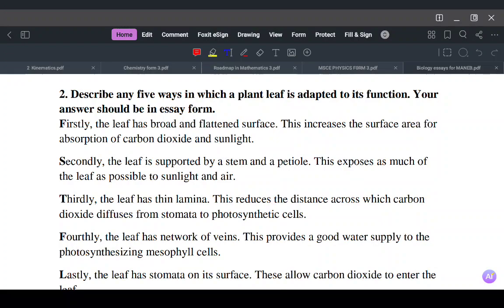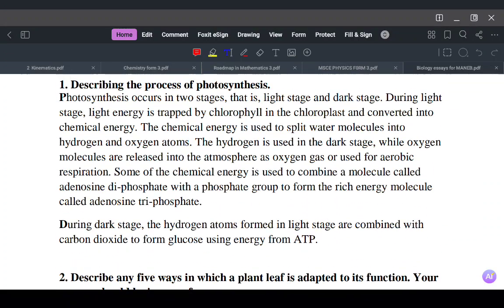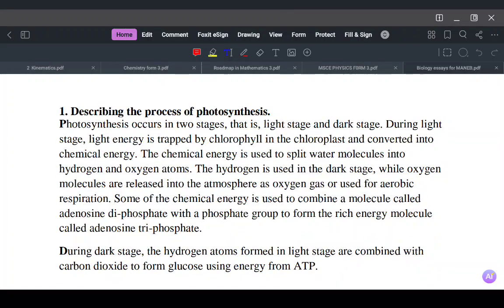Among them, for example, you're going to be asked to describe the process of photosynthesis in paper 1 of your biology MSCE exam, question 13 or 14.